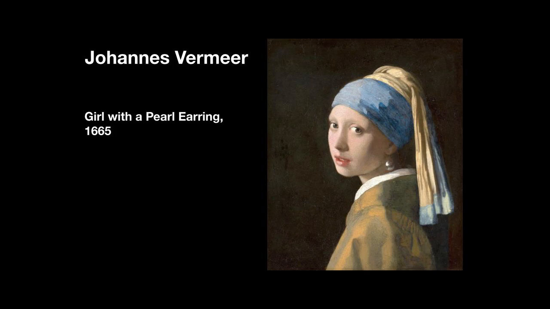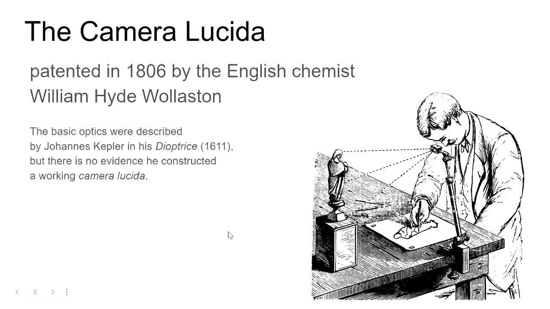There were other devices. This was much later. In 1806 there was the patent for the camera lucida, which is basically doing exactly what we just said the camera obscura was not doing, which is a device to actually guide your hand in drawing. This was a mechanism where you would be able to get a mirror image projected onto, for example, a drawing surface where you could copy from nature.